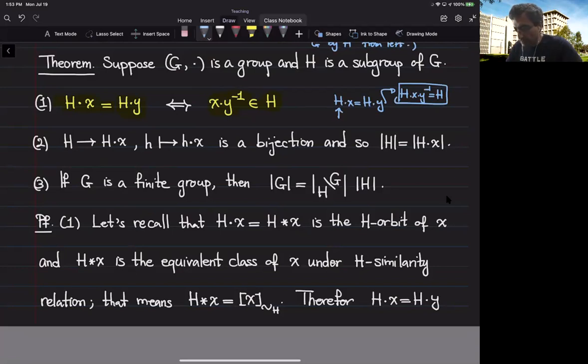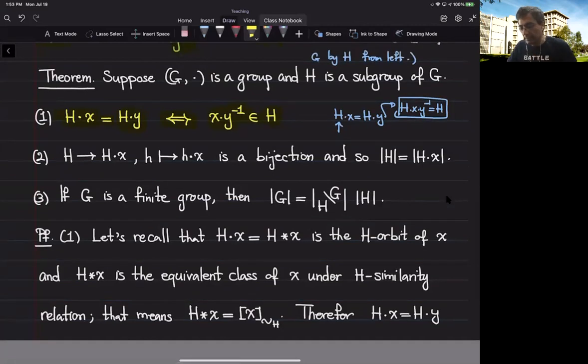So the right coset hx is equal to the right coset hy precisely when x times y inverse belongs to h. Okay, this tells me under what condition these two cosets are equal.